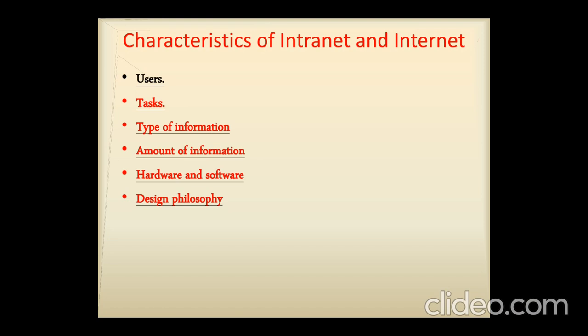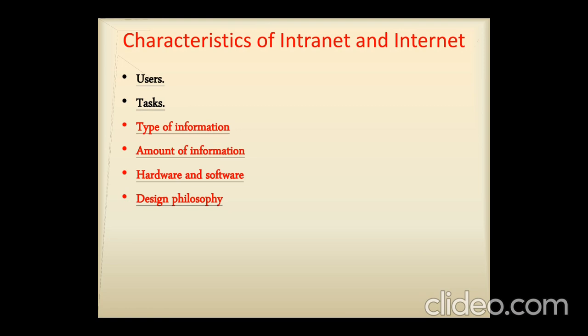The intranet users' characteristics and needs can be much more specifically defined than those of the general internet users. So tasks. An intranet is used for the organization's everyday activities, including complex transactions, queries, and communications. Whereas the internet is mainly used to find information, with supplementary use being simple transactions.